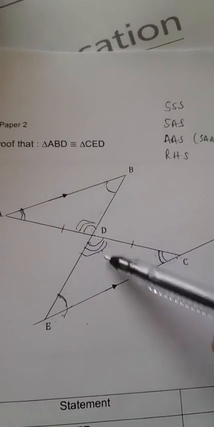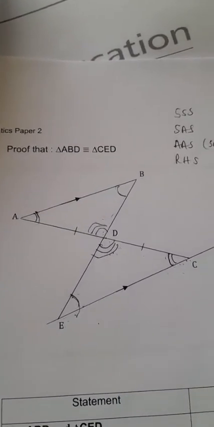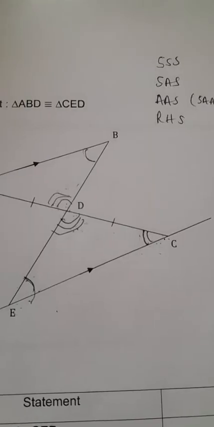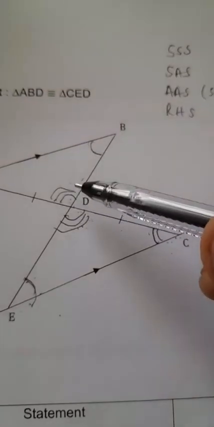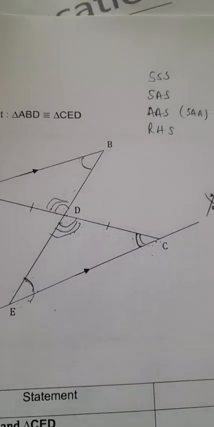We said these indicate vertically opposite angles. They are equal. You can't say it's common angles. Remember, the only time we use common angles is if those two angles were actually sharing the same angle. And there are cases like that where you have two triangles and you use common angle because literally the two angles are shared together. These are not shared angles. This angle D is not a shared angle with this angle D. Okay? I hope it's clear. Okay. All right, let's go.